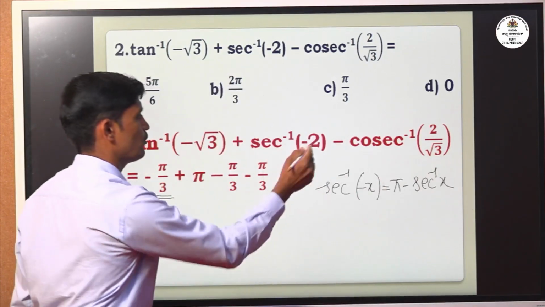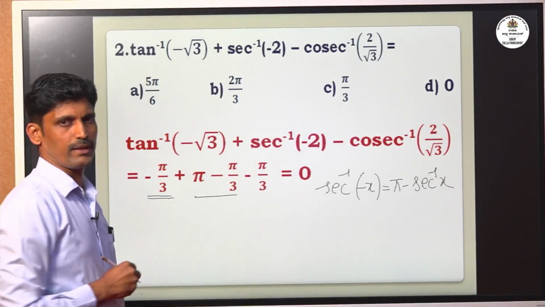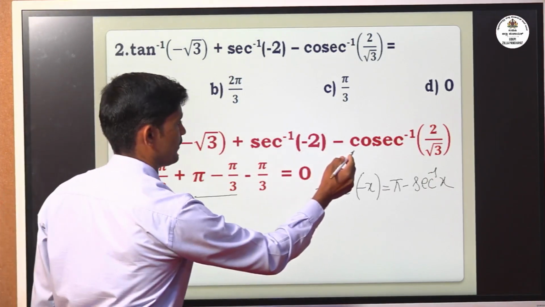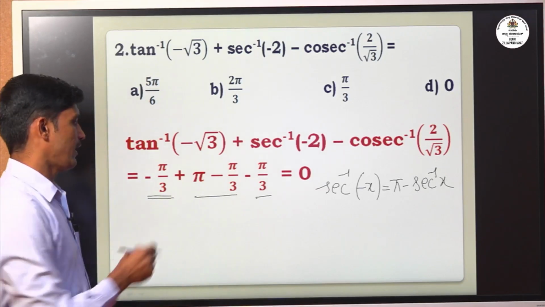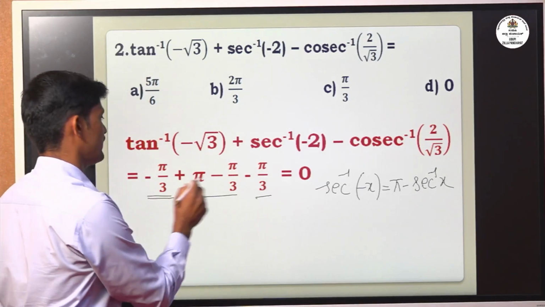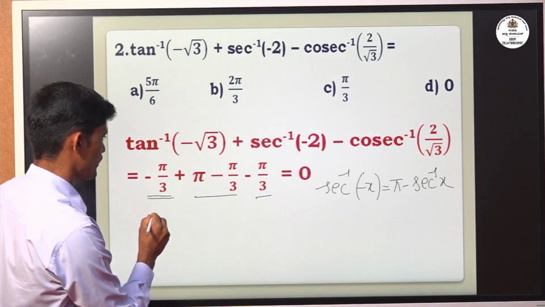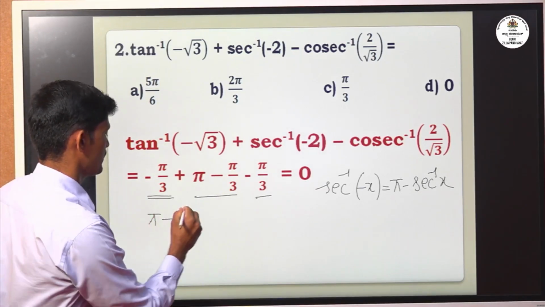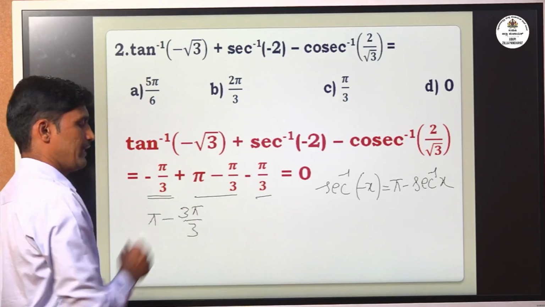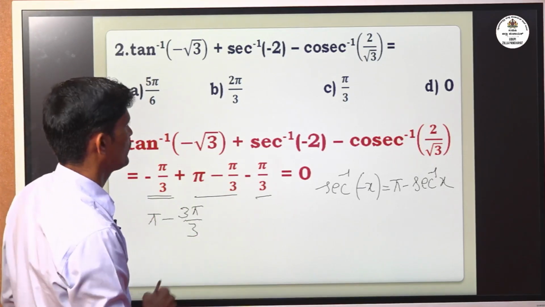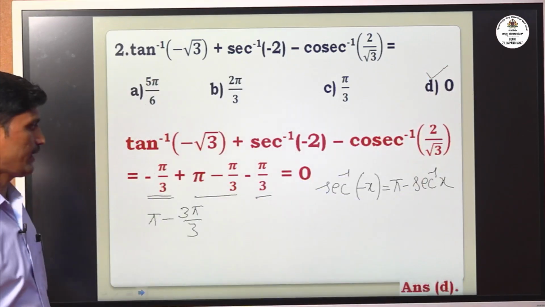Therefore, secant inverse of minus 2 is pi minus secant inverse 2, that is pi minus pi by 3, and minus cosec inverse of 2 by root 3 is minus pi by 3. By adding, minus pi by 3 minus pi by 3 is minus 3 pi by 3. So this is equal to pi minus 3 pi by 3, that gives you pi minus pi, which is equal to 0, that is option D. D is the right answer here.